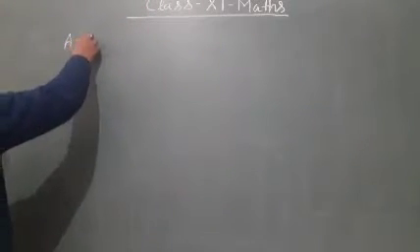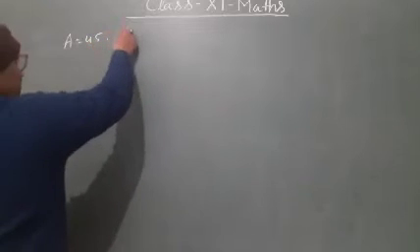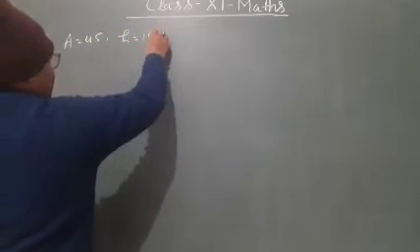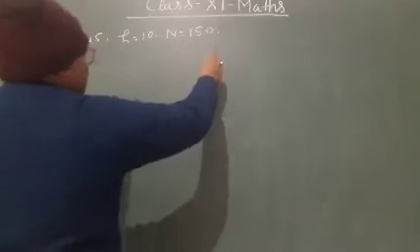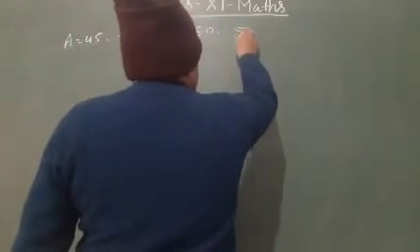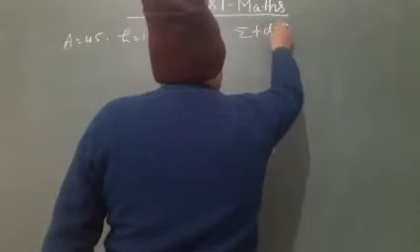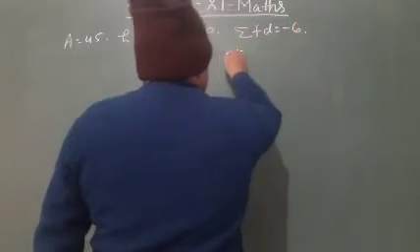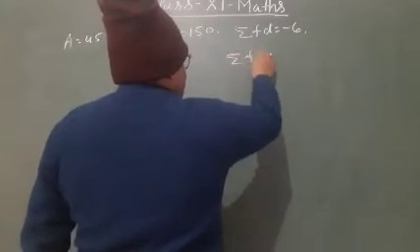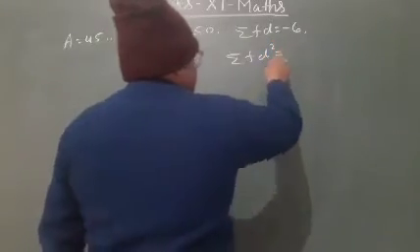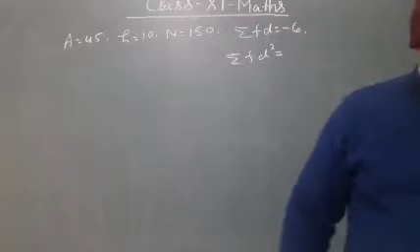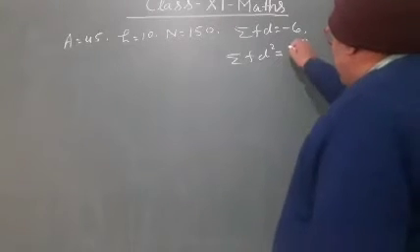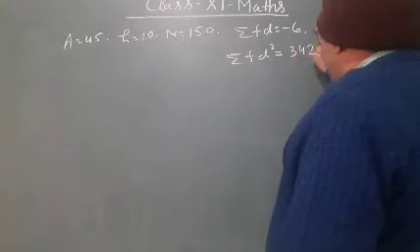A equal to 45, h is equal to 10, capital N is equal to 150, sigma fd equal to -6 and sigma fd square equal to 342.